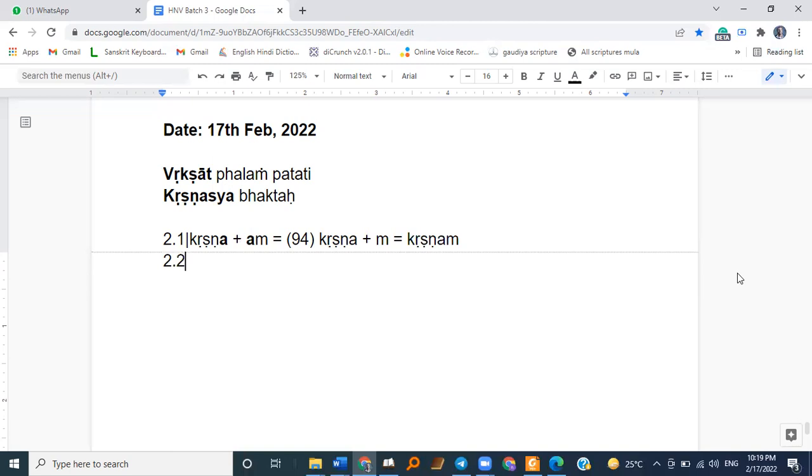Then, okay, try the same declension for Rama Yukta, the same pattern. Please try it.